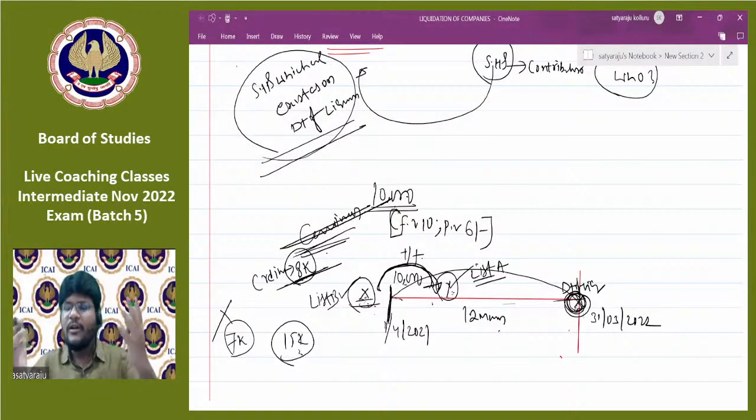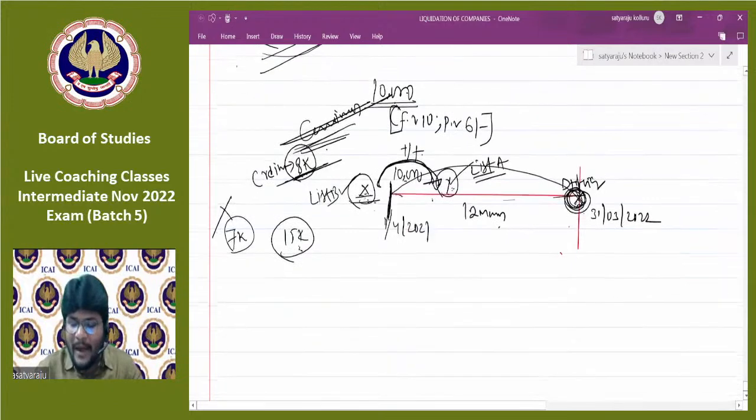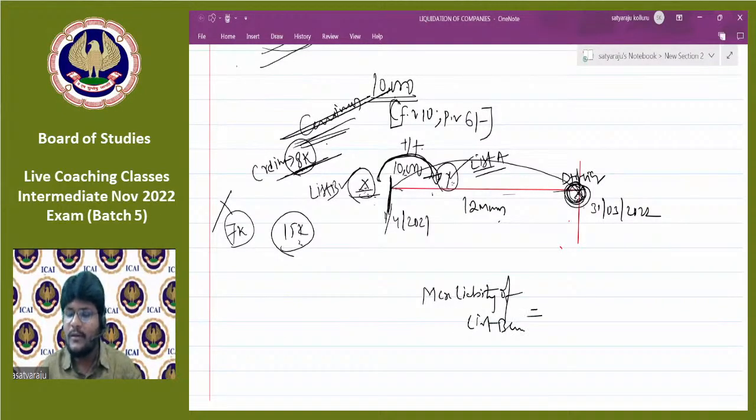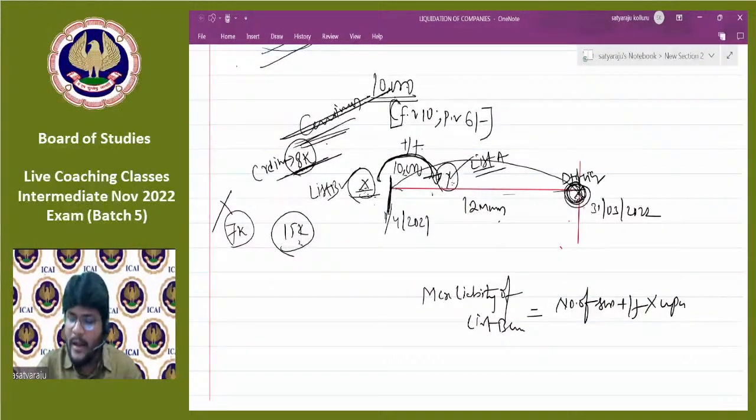So what are you trying to tell here, sir? The maximum liability of a list B contributory is the number of shares transferred multiplied by the unpaid value. Here, how many shares were transferred? 10,000 shares.